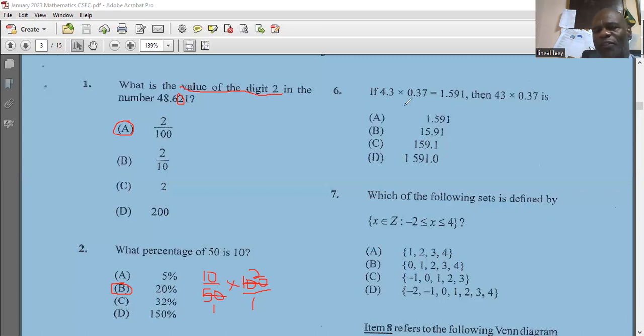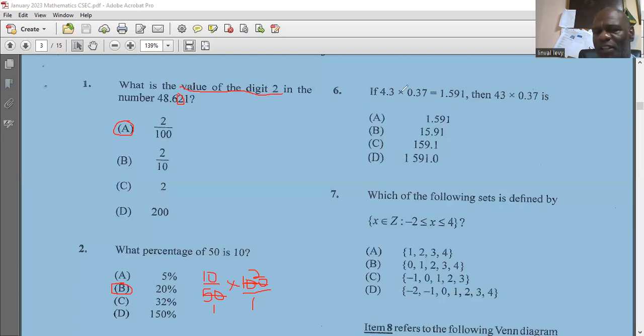Let's go to number 6. If 4.3 times 0.37 equals 1.591, then 43 times 0.37 is what? Now notice what happens here. This is 4.3. Now look at what they did.